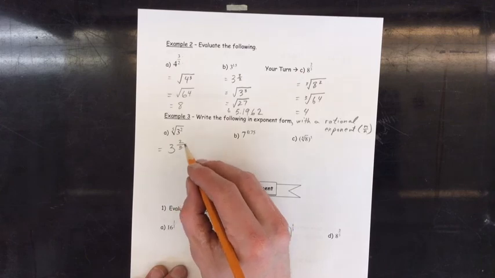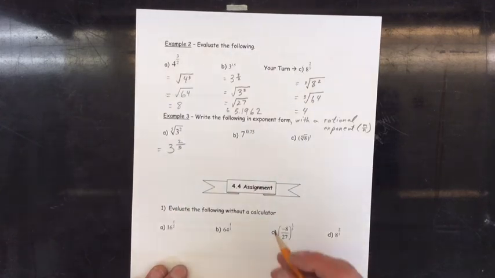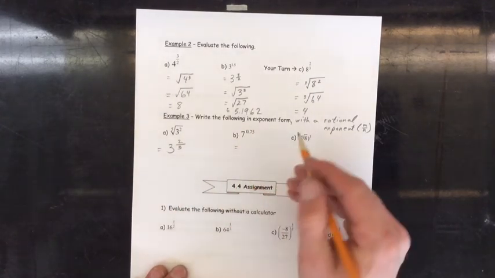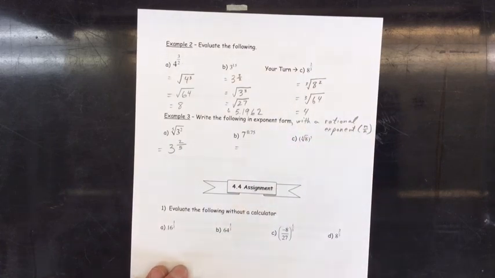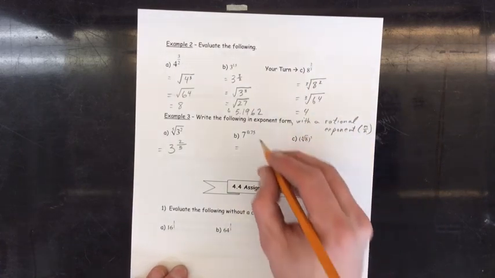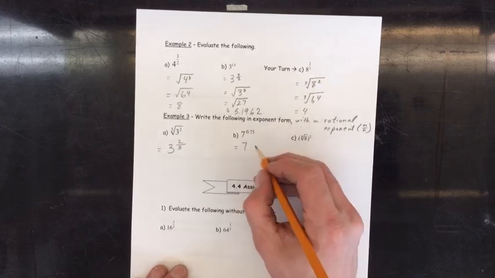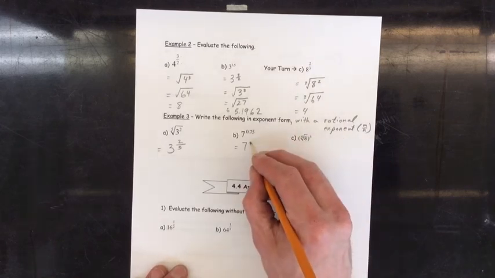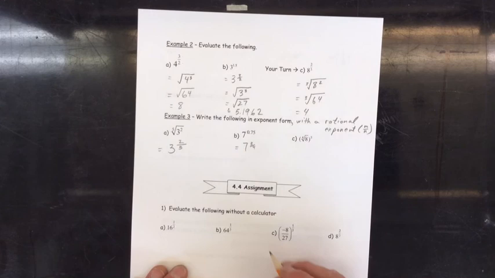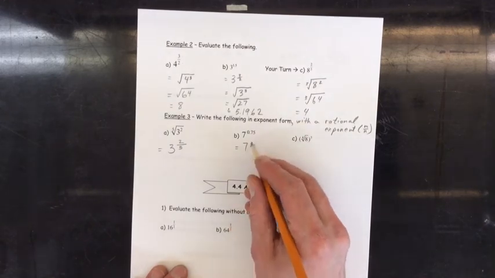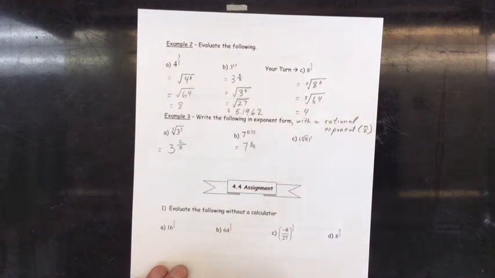This becomes the 5th root, and this is 3 squared. 0.75. Now this is in exponent form, but I want a rational exponent like m over n. So 0.75 I'm going to think of as 3/4. So therefore this is like 7 to the 3/4, which is the 4th root of 7 to the power of 3.